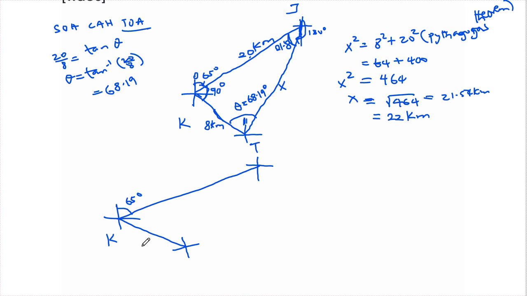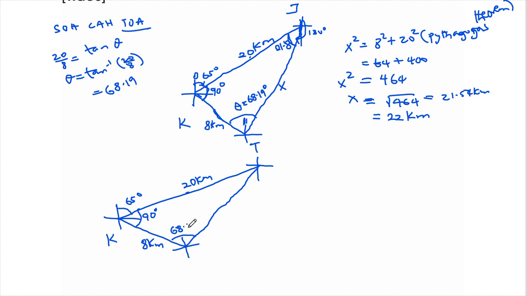Then also there's another one, 115 to T, and make sure you don't draw it too long, because 8 kilometers cannot be as long as 20 kilometers. Okay, then we join. So that makes it easy. We join like this with a straight line. My line is not very straight, but this gives us a better picture so you don't get confused.